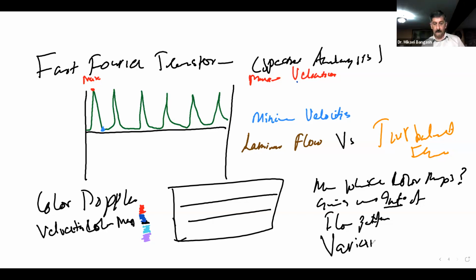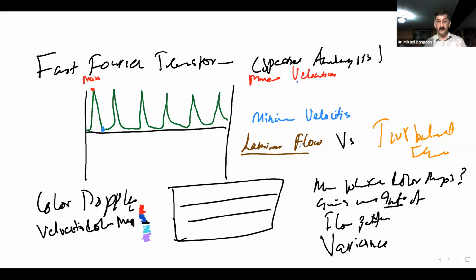Okay. Where we said that on a variance map, the colors on the left side indicate laminar flows, whether positive or negative.